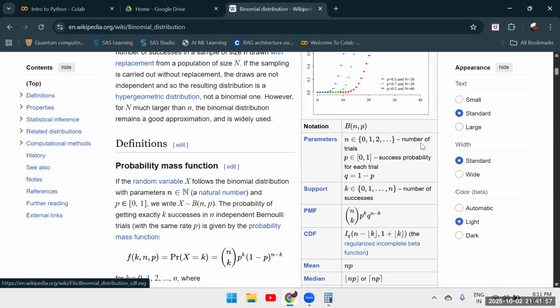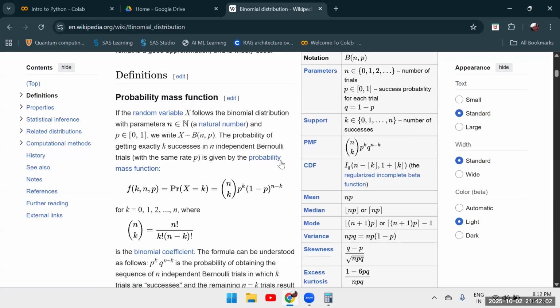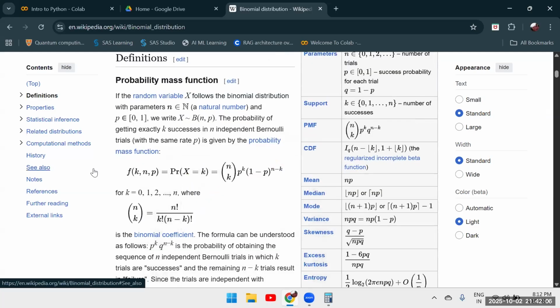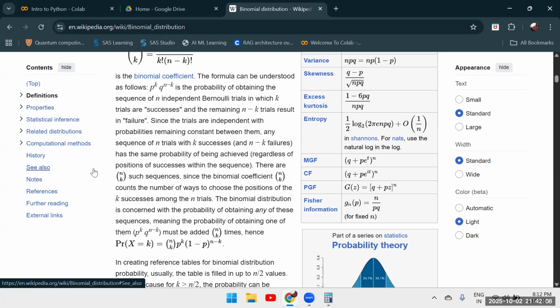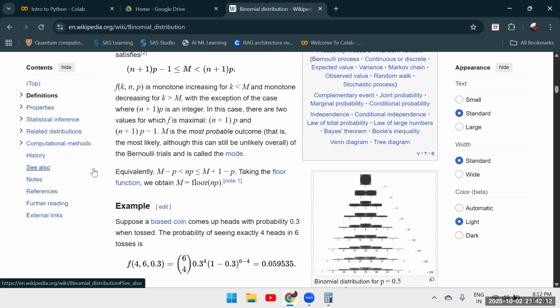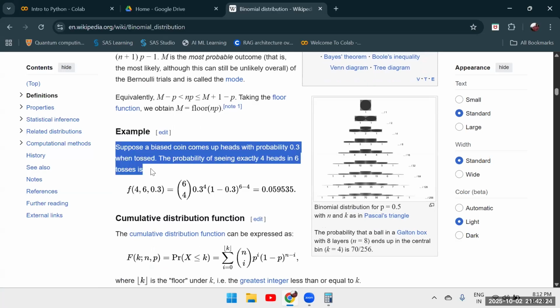So here, basically, this is the formula for this. First, we are supposed to find the probability mass function or something, but don't worry about these formulas. It's quite a complex formula, right? Basically, here they are trying to compute, for a biased coin, the probability that we are going to get exactly 4 heads in 6 tosses.